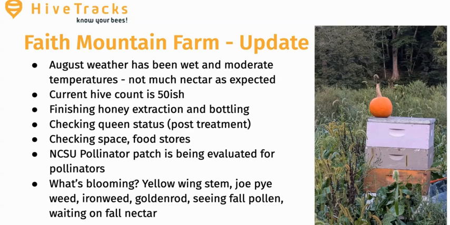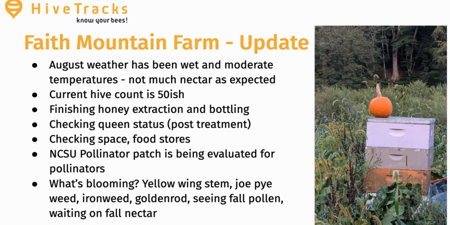Current hive count, I'm sitting at about 50. I made some new splits and had some dead-outs along the way, so they're kind of evening out. As far as my operational tasks, I'm still extracting honey. I've been a little bit slow in that extraction.